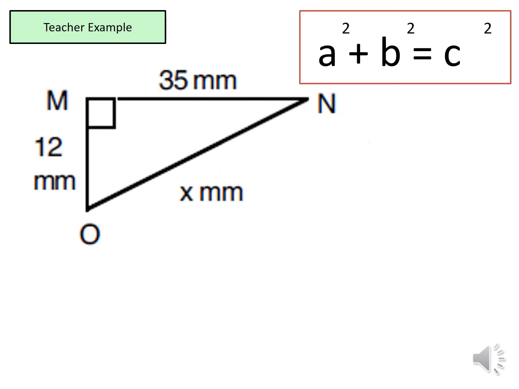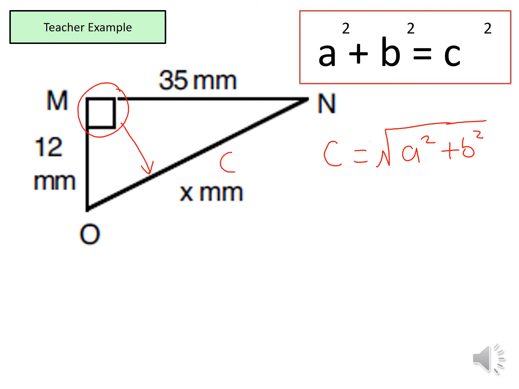So now we're going to look at the second example. It's the same thing again. We need to find out what the missing length is. We're going to use the formula from the previous slide, C equals the square root of A squared plus B squared. The first thing we need to do is find out which one is my hypotenuse. We identify the right angle, and opposite that is my hypotenuse.